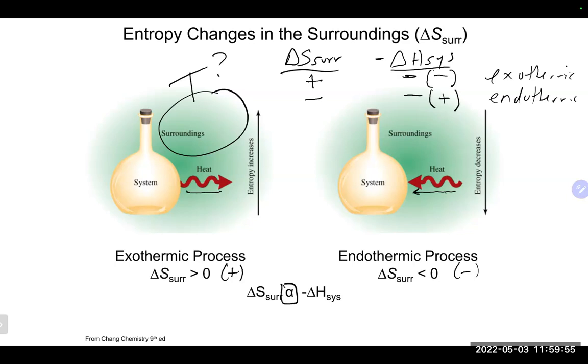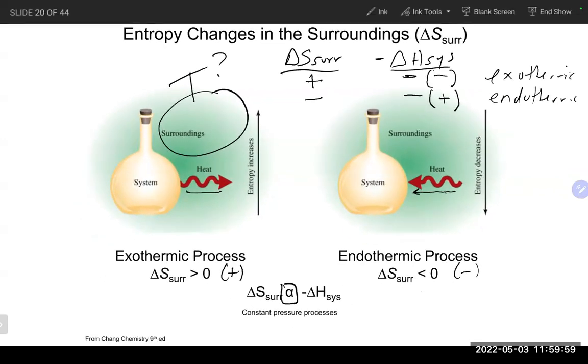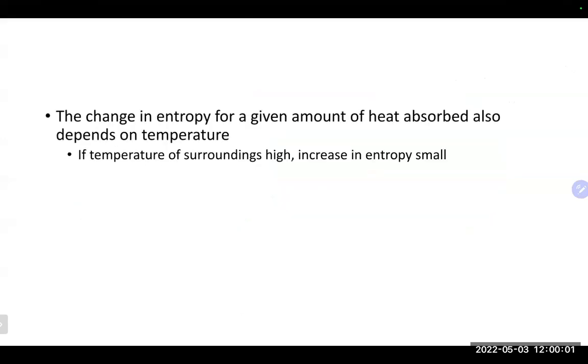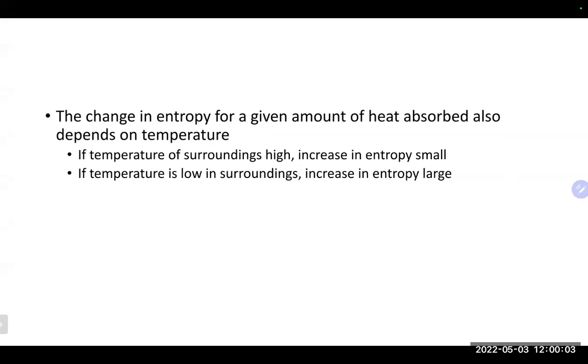Any questions on that? All right. So as I mentioned before, the temperature of the surroundings does play a role in that, but under most conditions, we're talking about normal-ish temperatures. And under normal temperatures, we will see that opposite change occur.